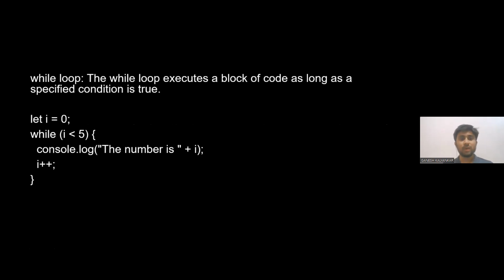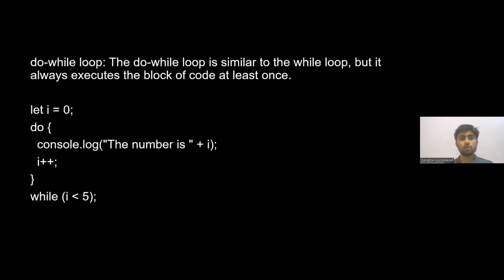The next one is while loop. Here you can see while loop is same as the for loop. It's just a preference, like who used to use while over the for, or prefer for over the while. The next one is do while loop.